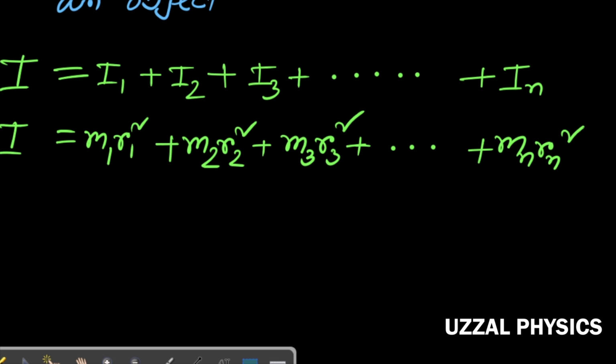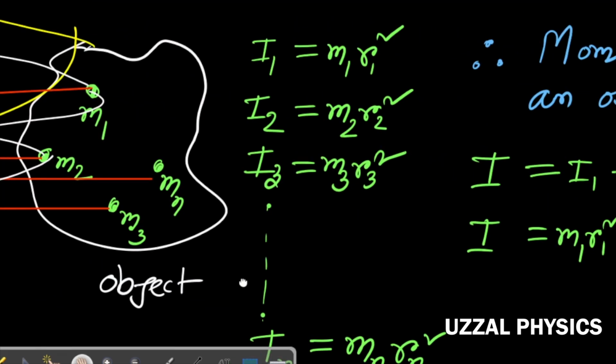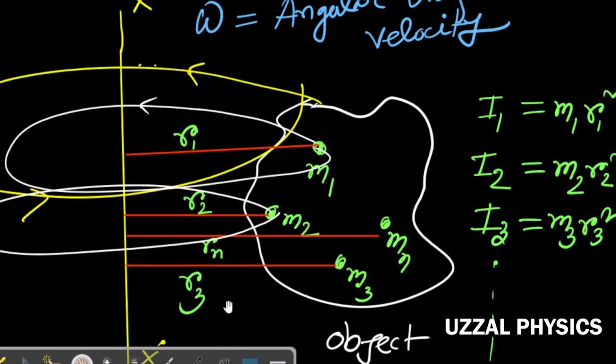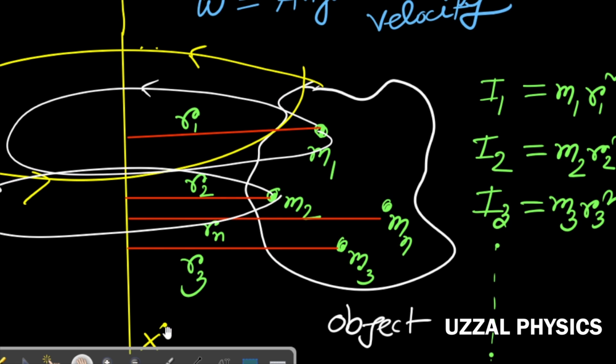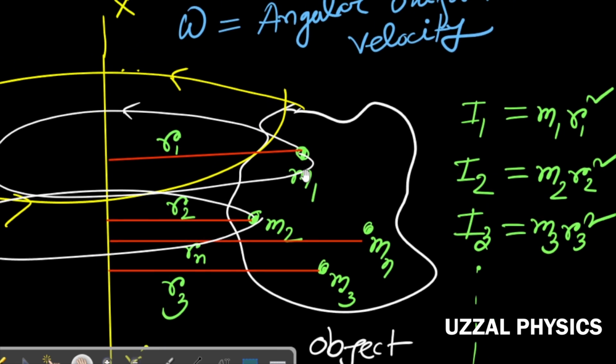Every particle lies at a different position from the rotational axis. We can see x prime is a rotational axis, and if this is a particle of an object, then the distance between the rotational axis and this particle is r1. But in the case of the m2 particle, the perpendicular distance between the rotational axis and the point mass is r2.